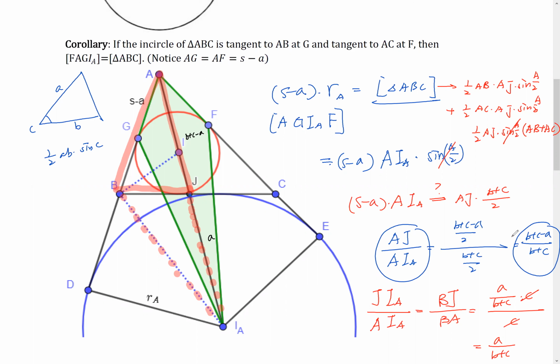And this directly gives AJ divided by AIA, the long leg, equals this one, (b + c - a) divided by the whole thing, (b + c). That's what we want to prove, right? And that's it. And so it's correct.